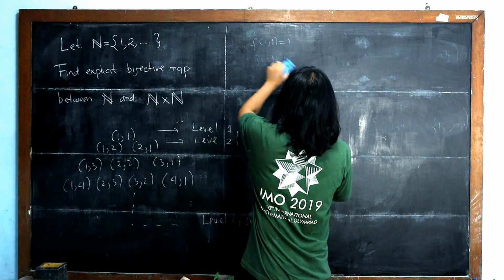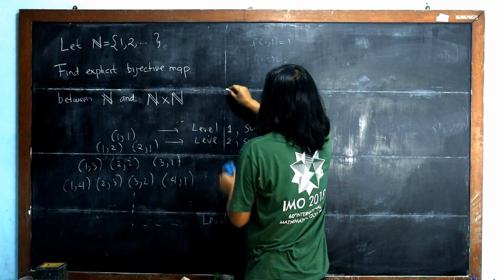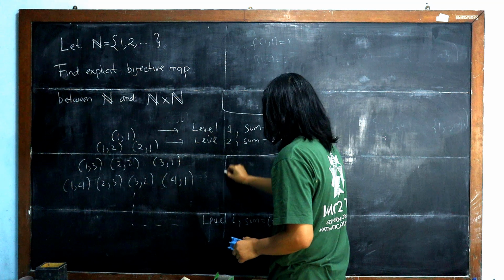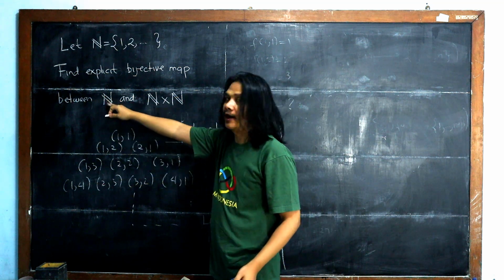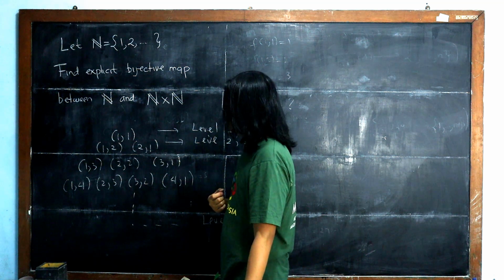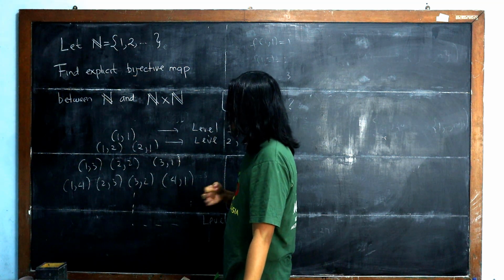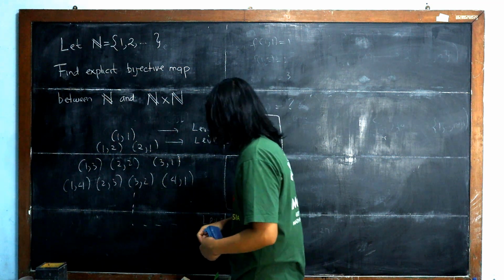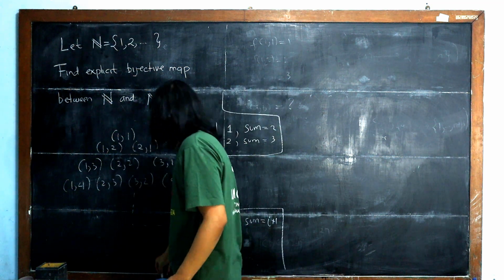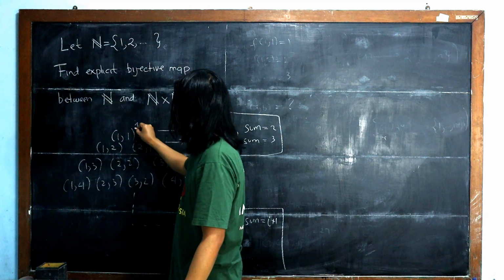Okay. And then the way we map each of these elements to N is basically how we enumerate all of them. So we will enumerate in the following way. Let's call this our first number.